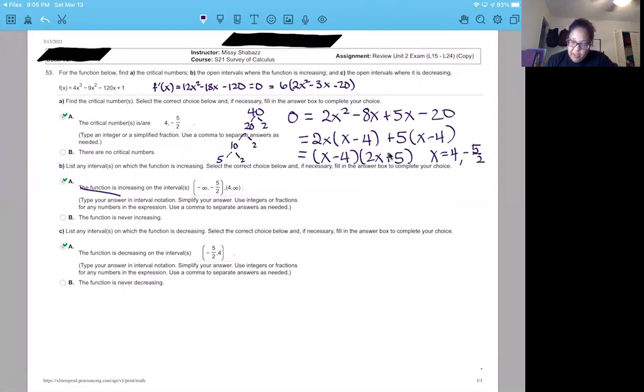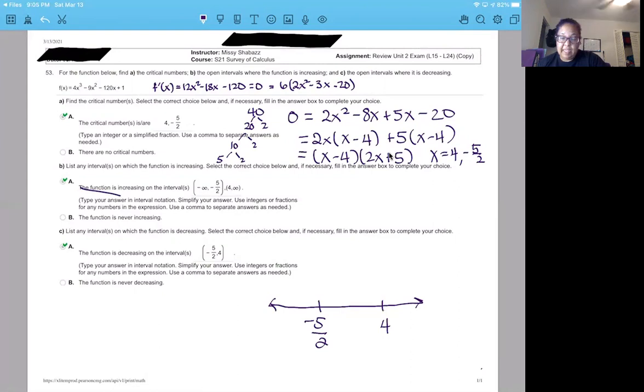All right, now I'm going to take those numbers and put them on a number line and see where my derivative is positive and where it is negative. So I'm going to choose something less than negative 5/2. Let's say negative 10.